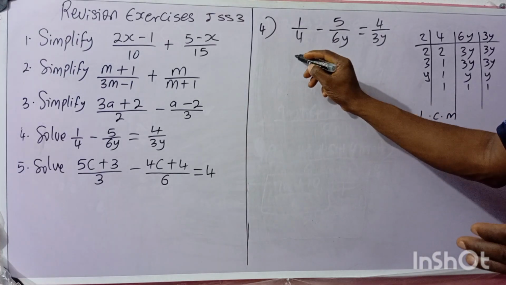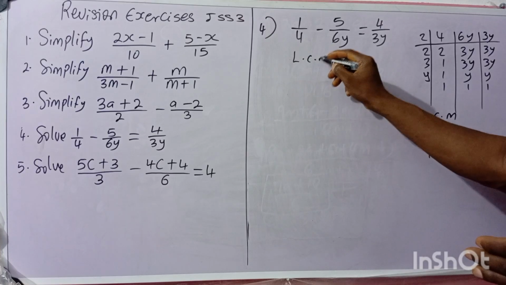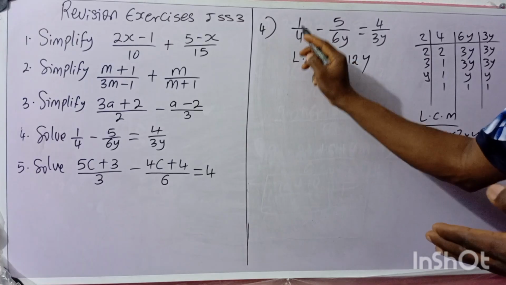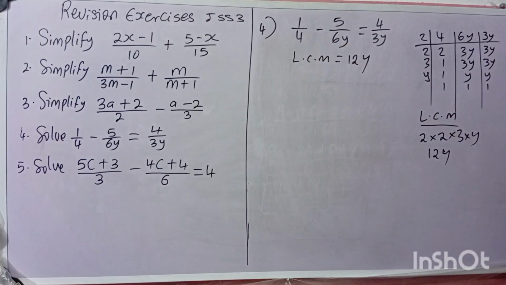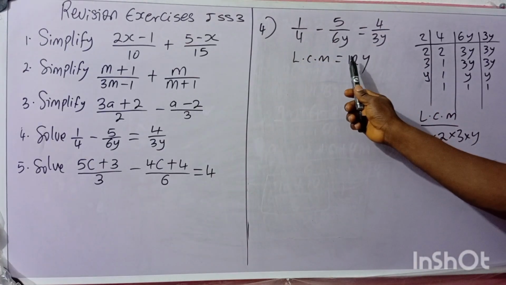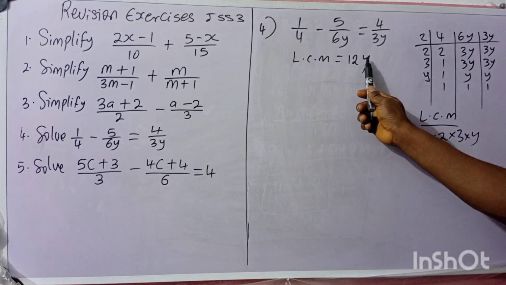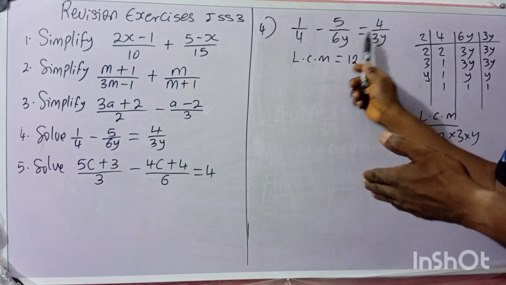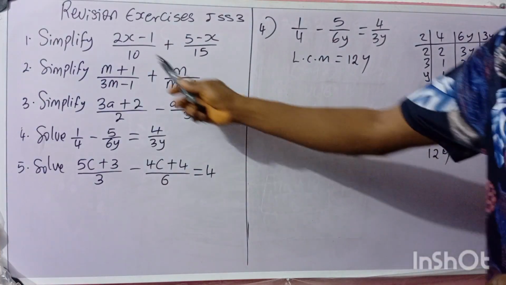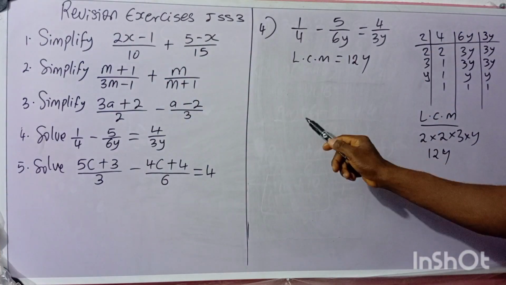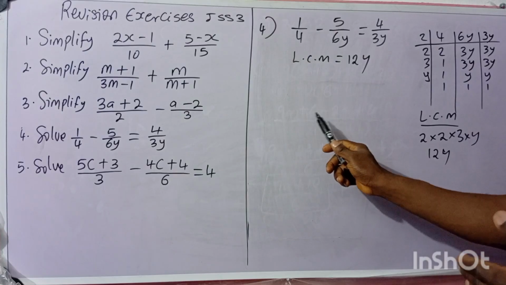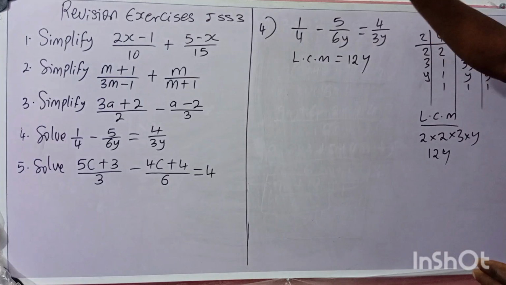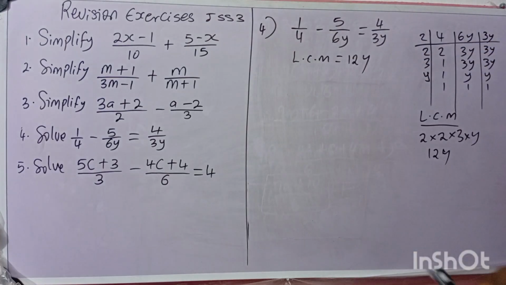So what does that mean? We have the LCM as 12y. So you use the LCM to multiply each of these fractions. How do we do that? By starting here: 12y divided by 4. The difference between this one, called an equation, and that one is that while solving the expression you first write the LCM as a denominator before you simplify the top ones, so you end up having a fraction in your result.